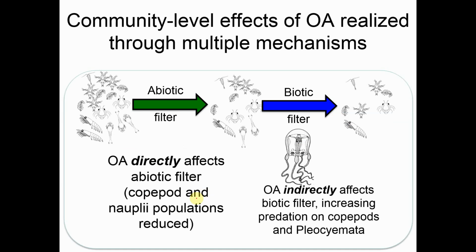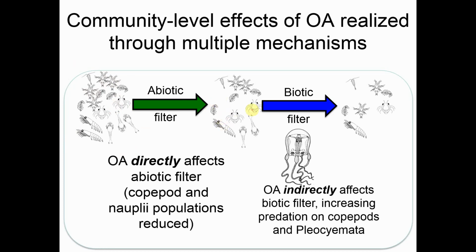What this means is that in terms of the entire ecological community, the community level effects of ocean acidification are realised through multiple mechanisms. So remember, we start out with our regional species pool, and it turns out from our experiments we can see that ocean acidification directly affects the strength of the abiotic filter because copepod and nauplii populations were reduced directly just by increased acidity.